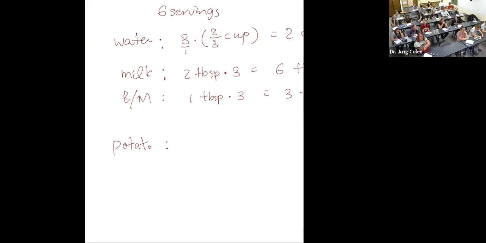Water is 2/3 cup for 2 servings, and potato is also 2/3 cup. And water for 4 servings is same for both, both water and potato servings are exactly same. So if you already have found water, you can find potato buds right away. I think that's very clever.